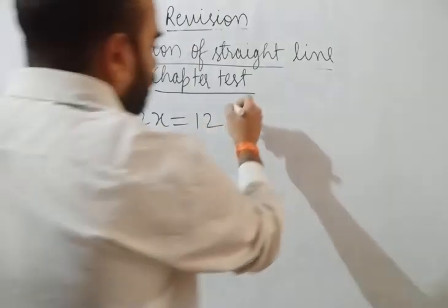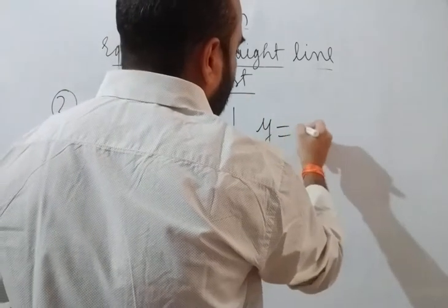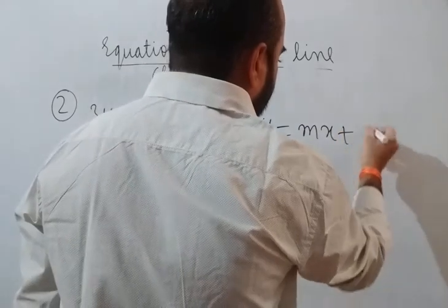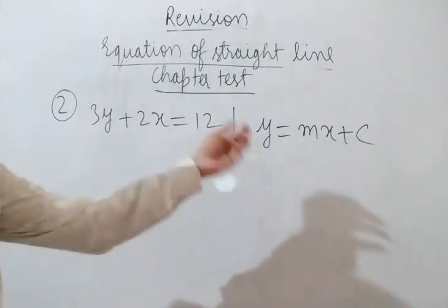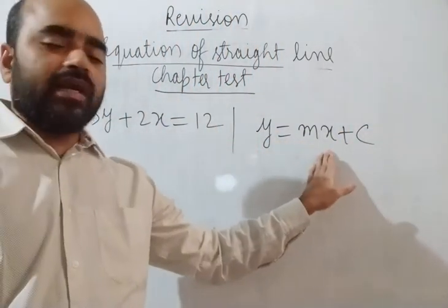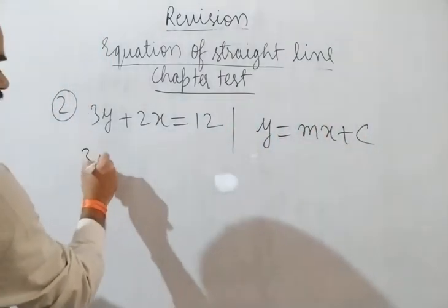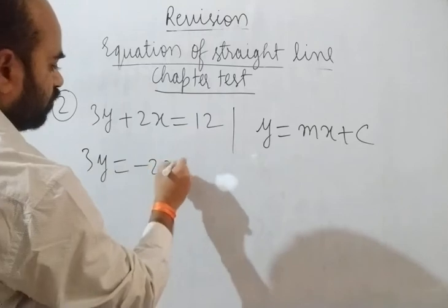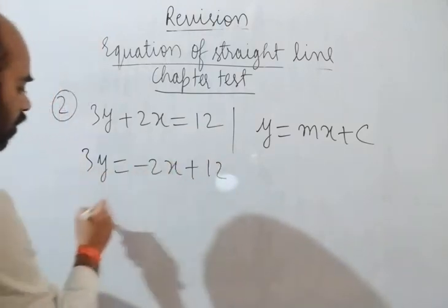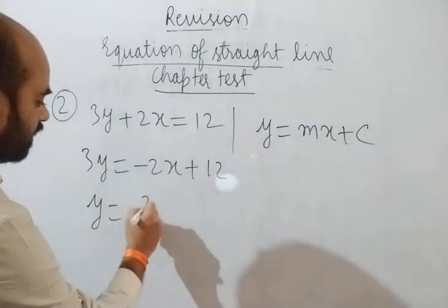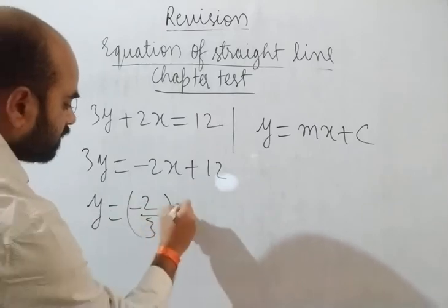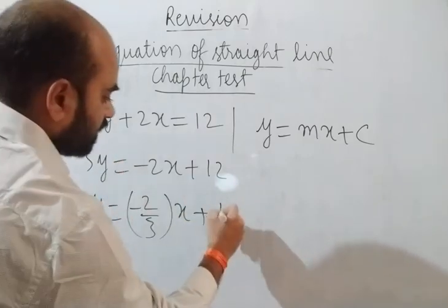So first we have to write this equation in the form y equal to mx plus c. If we write the equation in this form, directly we can find slope and y-intercept. So first of all, what is the value of y? 3y is minus 2x plus 12. So y will be minus 2 by 3 x plus 12 by 3, that is 4.